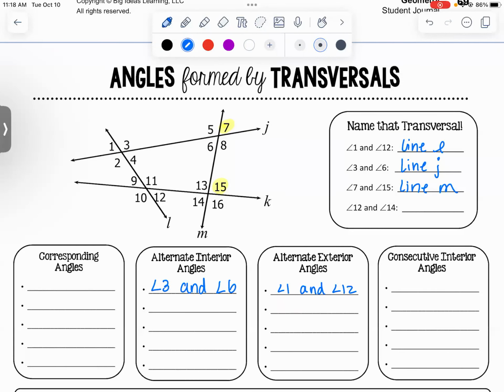Now, 7 is an exterior angle, 15 is an interior angle. That should be alarming to you. Are they in the same spot? Yeah, so we call that corresponding.